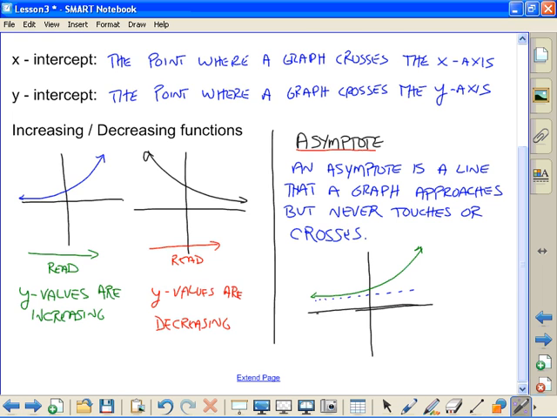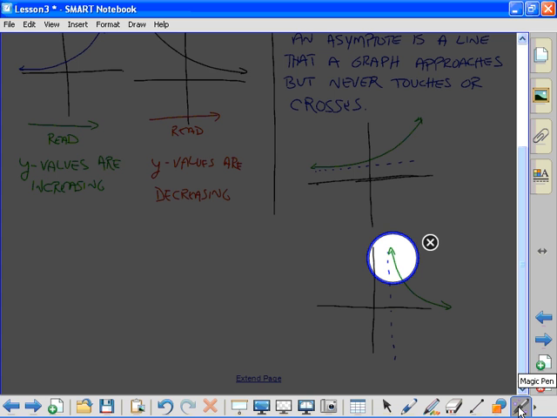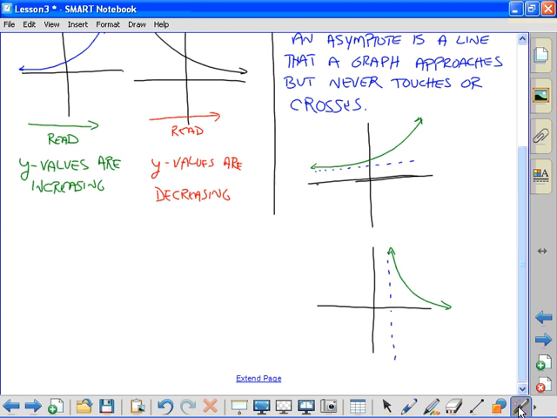Asymptotes can go in the opposite direction as well. They can be vertical. We'll call them vertical asymptotes. So could look like this. And it's approaching it but never ever crosses. So it's getting really, really close to it, but never crosses. So that's what an asymptote is.